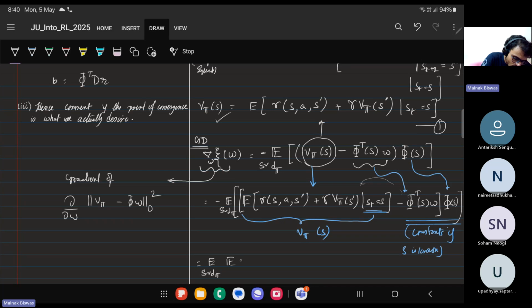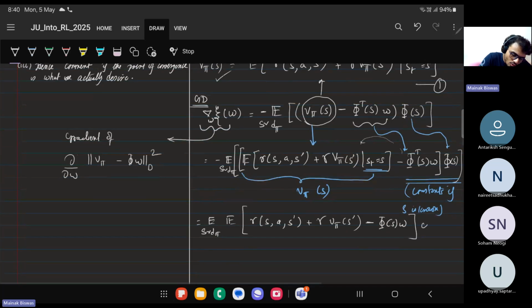Expected value of reward of s a s dash plus gamma times v pi of s dash minus phi of s w into phi of s. St equal to s. Do you agree? Fine. All I wrote is the entire equation together.